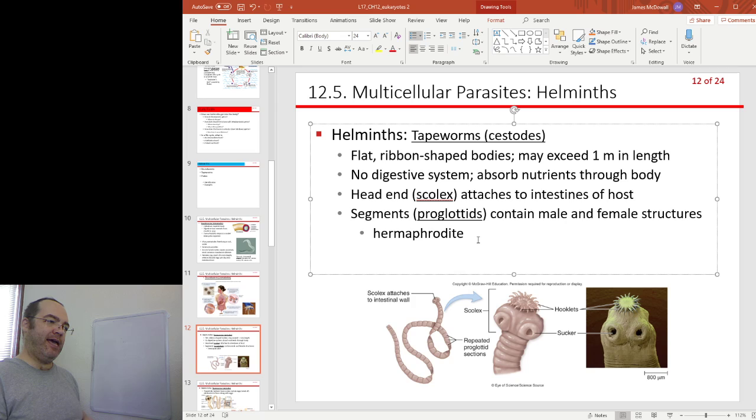Basically it is an egg laying factory, and it just sits there absorbing your nutrients and shedding eggs. Also, you can pass parts of the worm's body. This worm will break, and along with the eggs it'll shed proglottids.